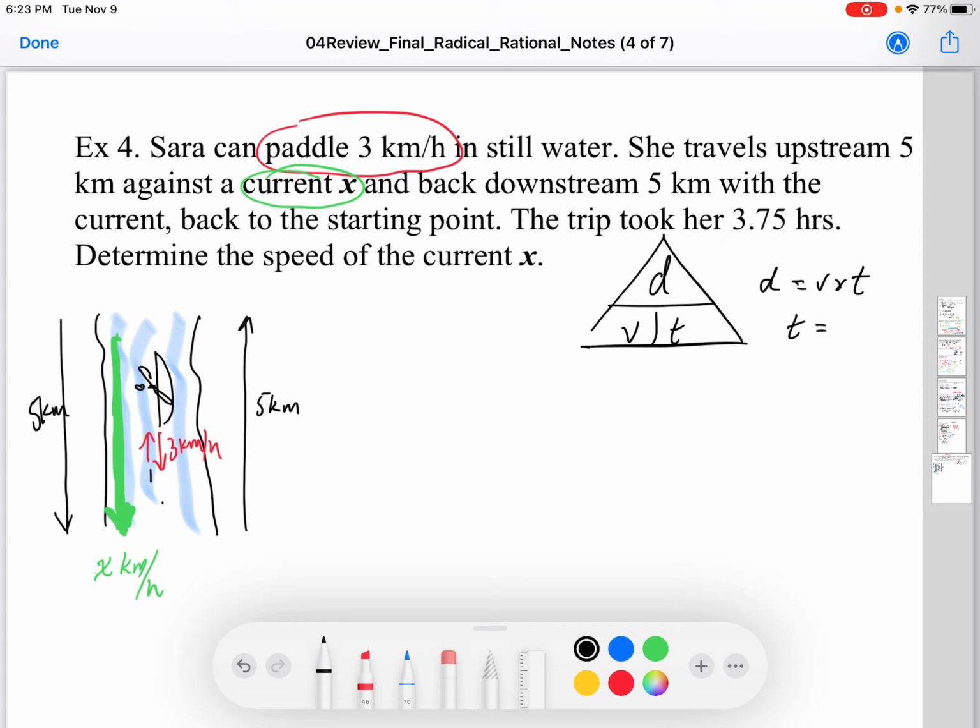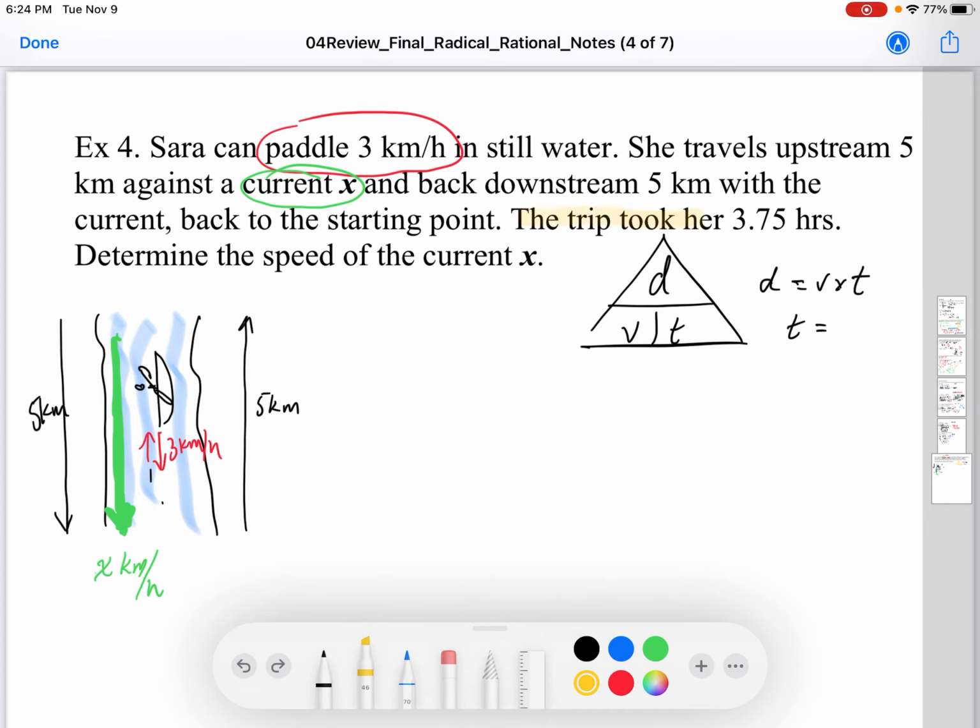Okay, so we first of all need to establish that the distance is equal to velocity times time. So see this triangle here? This is what determines the relationship. I need to come up with an equation for time.